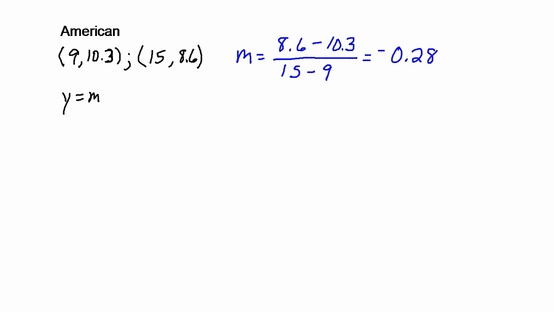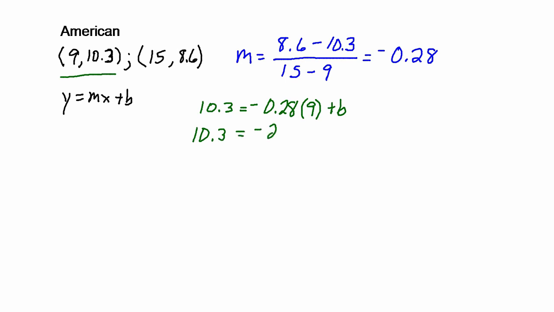Using y equals mx plus b again, I can use either point as my x and y. I choose the first point, 9, 10.3. 10.3 is my y. M, negative 0.28. X, 9, plus b. Then I have 10.3 equals negative 2.52 plus b, because negative 0.28 times 9 is negative 2.52.